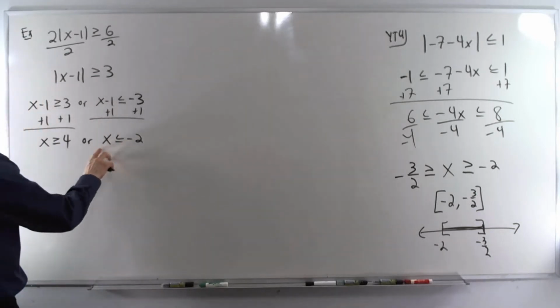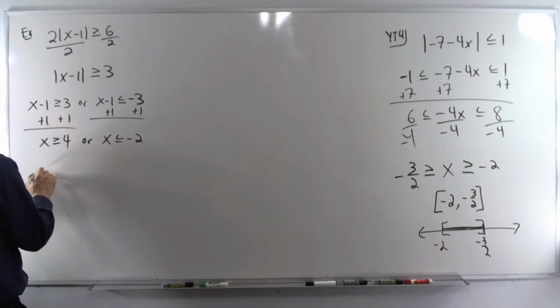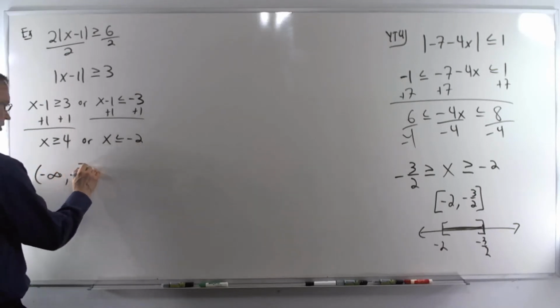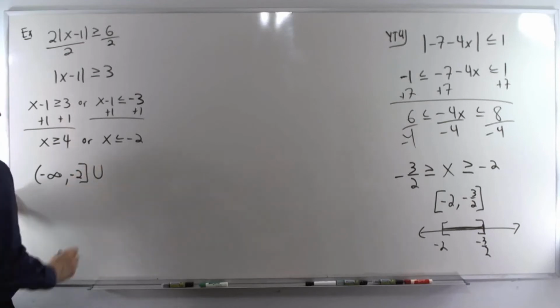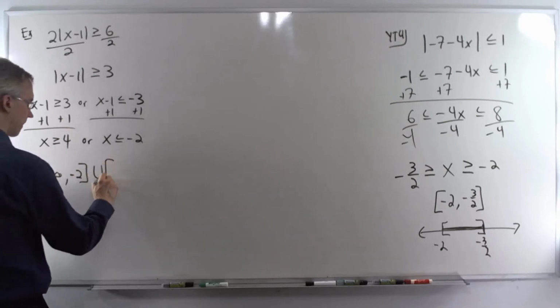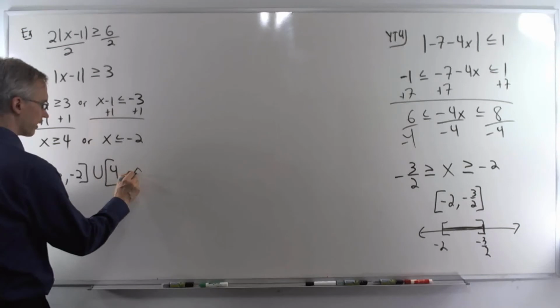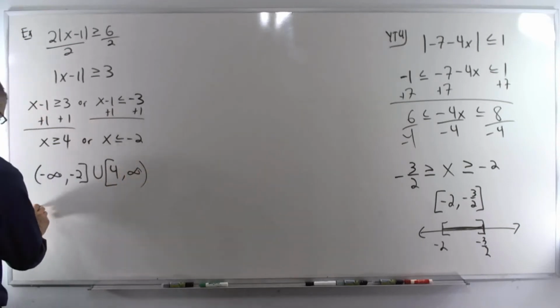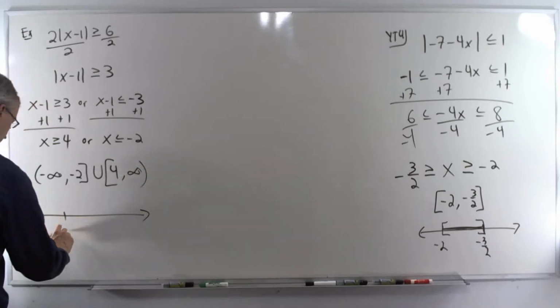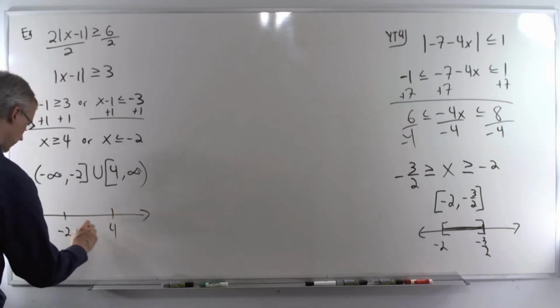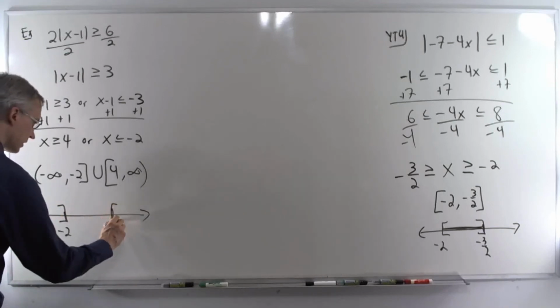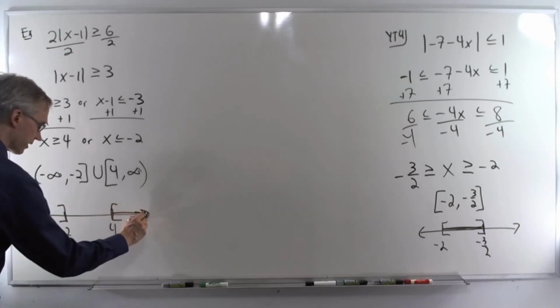So this part, less than or equal to -2, will be -infinity to -2 with a bracket, union, and then this part, bracket 4 to infinity. And on the graph, that looks like this, with the brackets going in opposite directions.